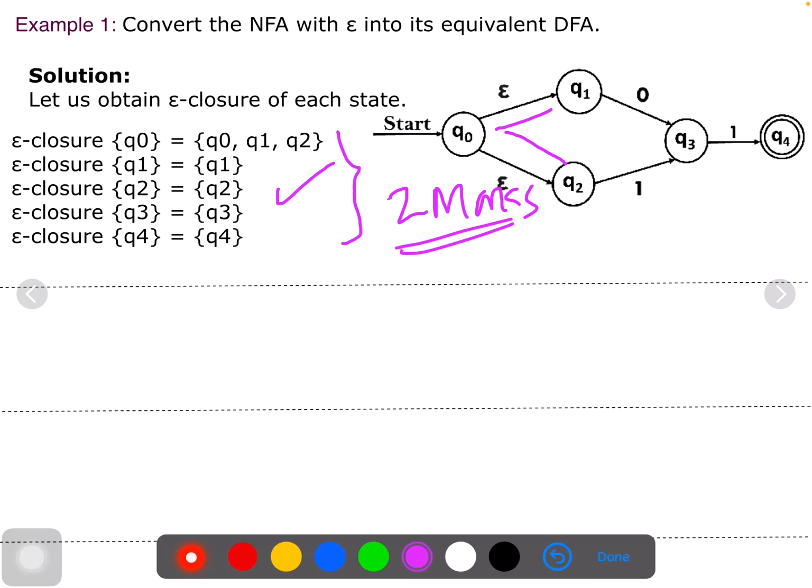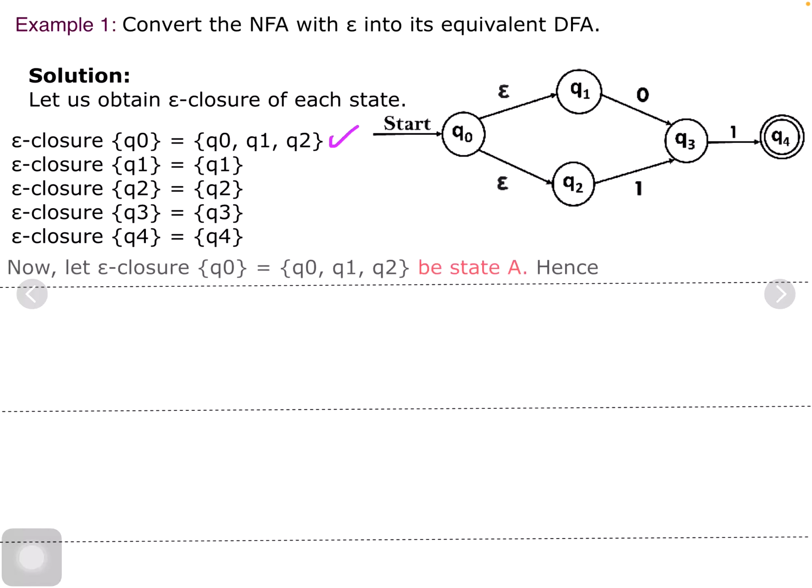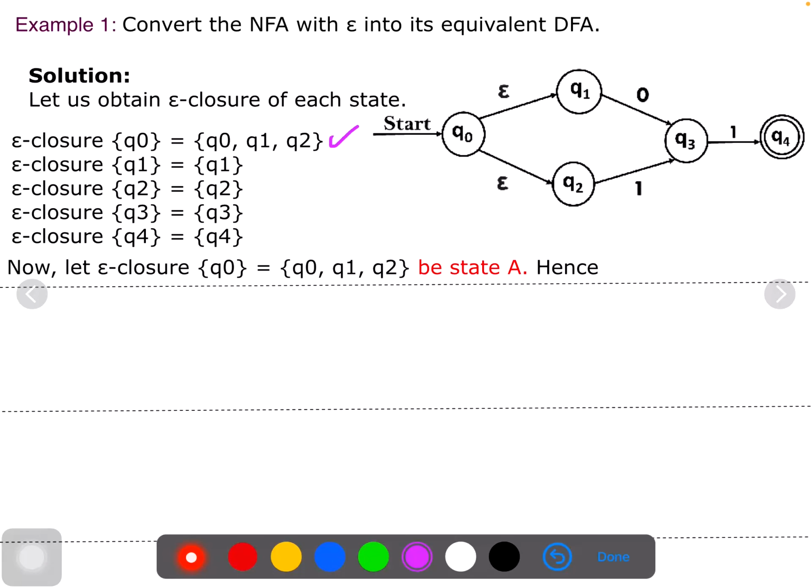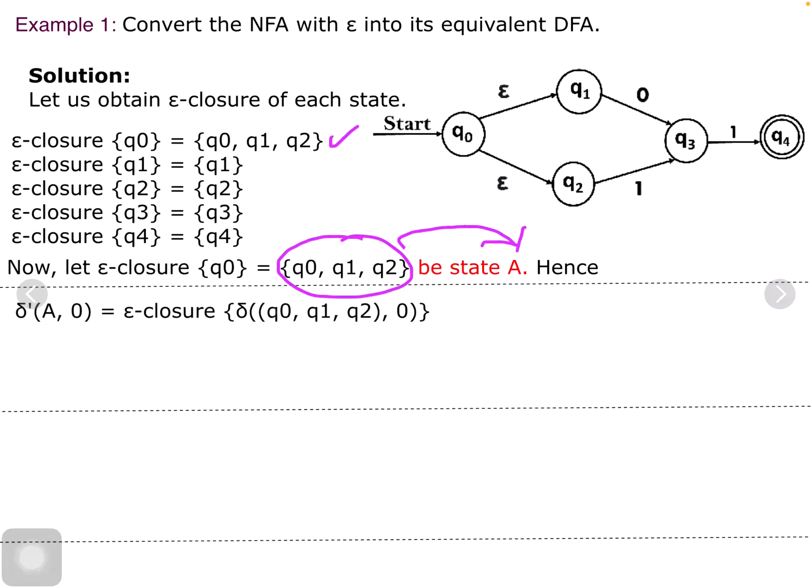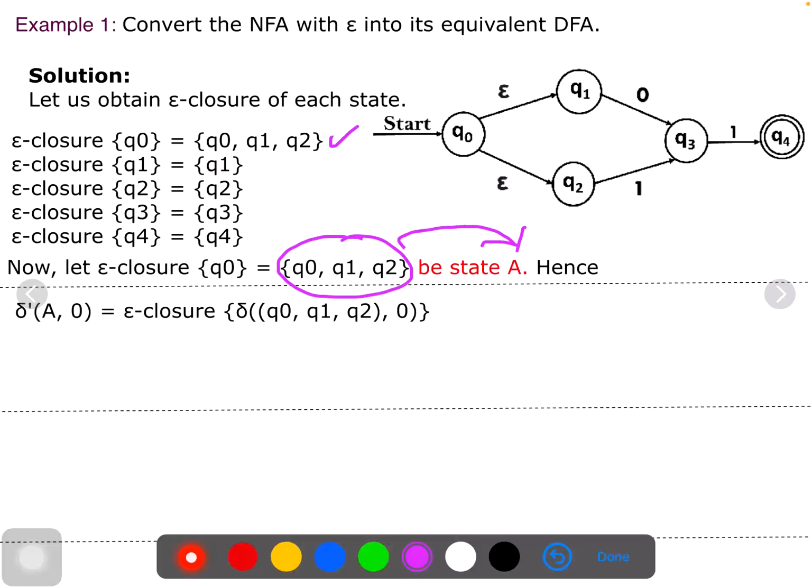Now from that you find the new states. So you take the first state, which is the initial state, and from that you find the new states. Let E closure of Q0, which is Q0, Q1, Q2, be a state A. Instead of taking the entire set, I'll give it a name, A. So delta of A comma 0 is E closure of delta of Q0, Q1, Q2 on 0.